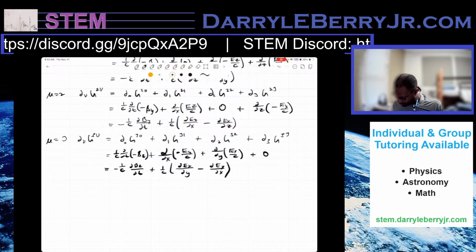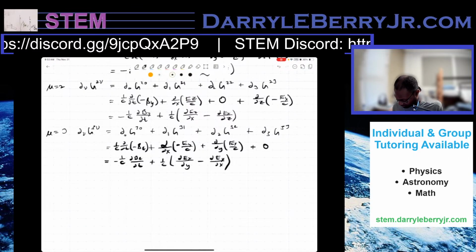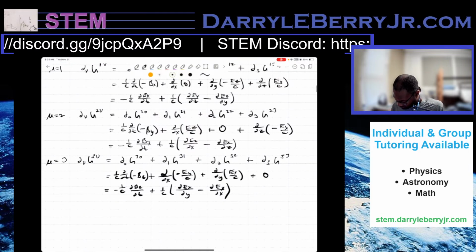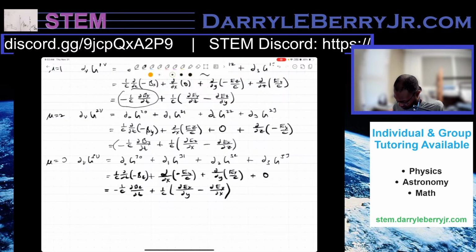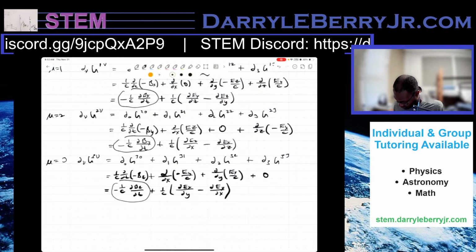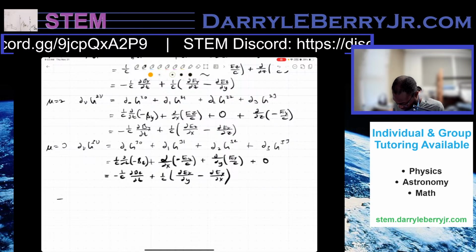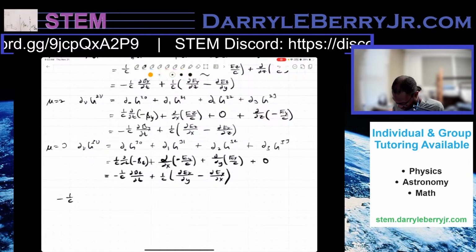So if we look at this, oh, and this equals 0. Well, after putting them together, they equal 0. So if we look at these first terms here, we can combine those. That'll be negative 1 over c.